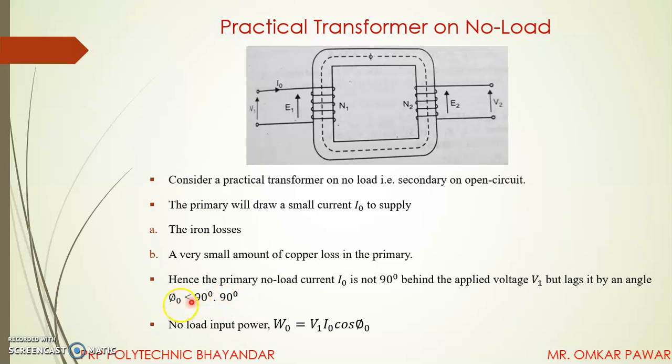This is phi 0 less than 90 degree because some portion of resistance is present as it is a practical transformer. So it will not exactly lag by 90 degree but lags by less than 90 degree. So no load input power W0 is equal to V1 I0 cos phi 0.